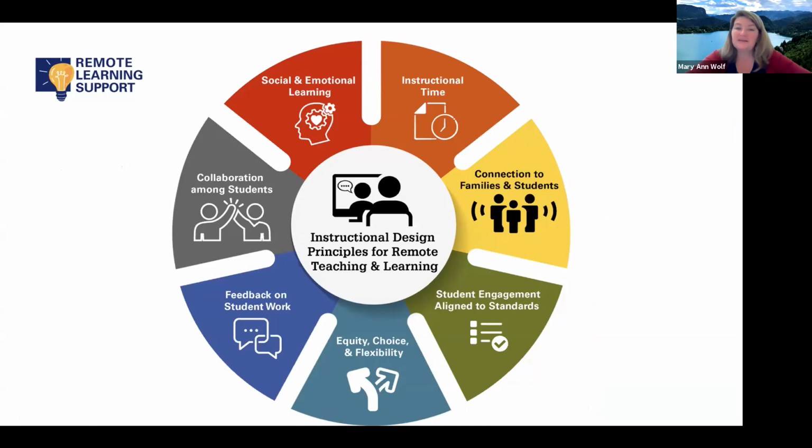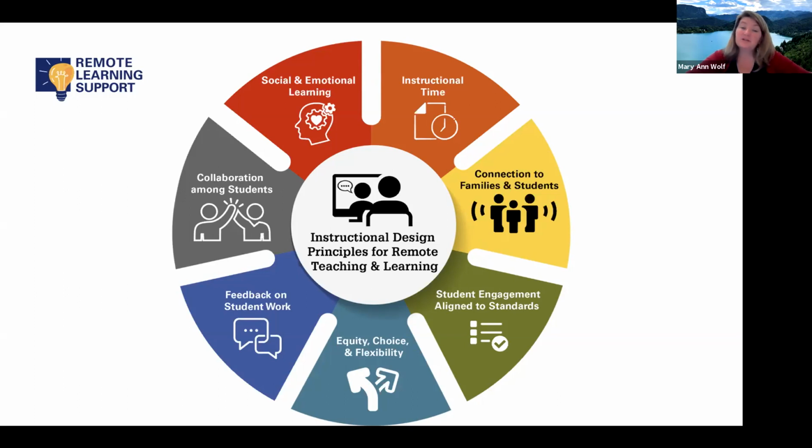Today we will dive into some of these areas, but sometimes it's helpful to take a deep breath and remember that we're not trying to match minute to minute every single thing we do when we're in the classroom, like for a whole structured day. We have to be realistic about what families and students are experiencing.